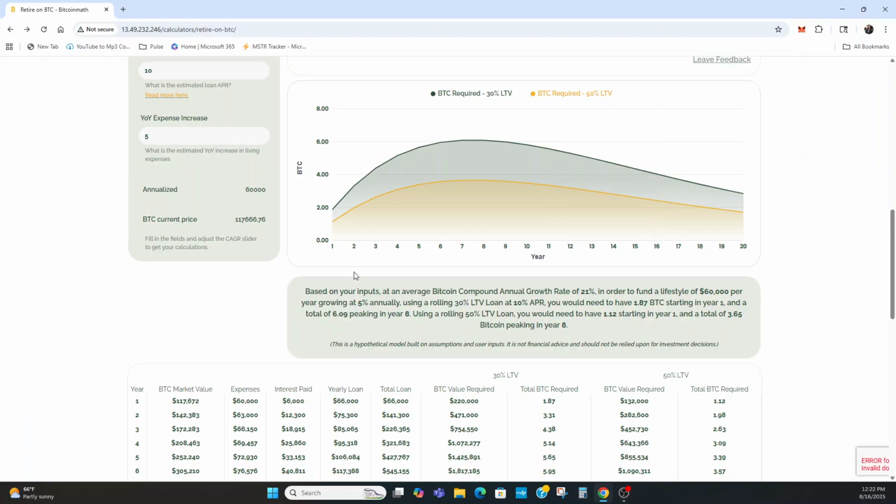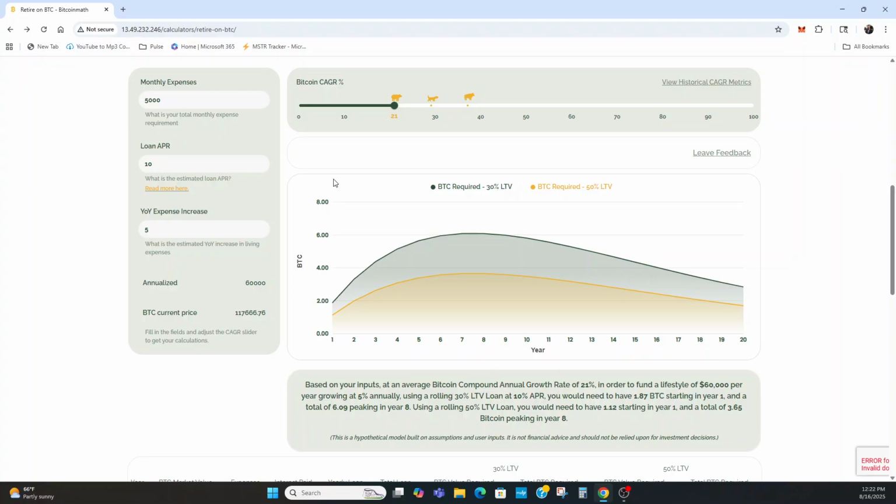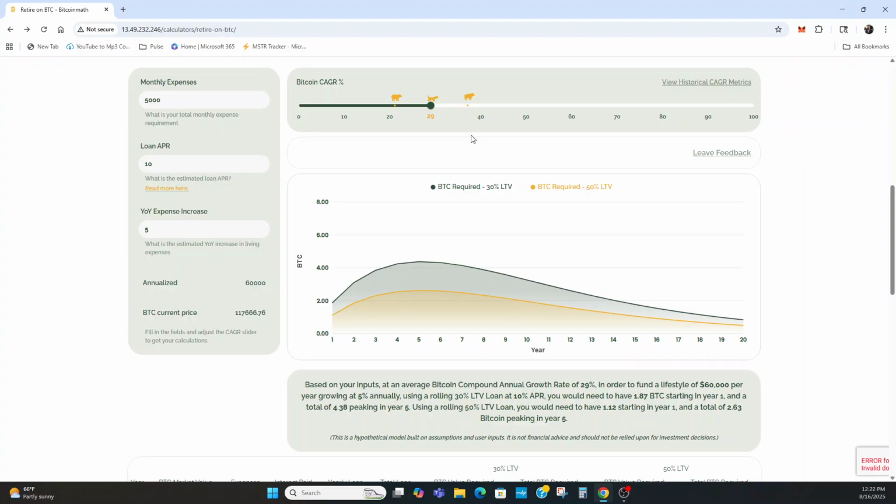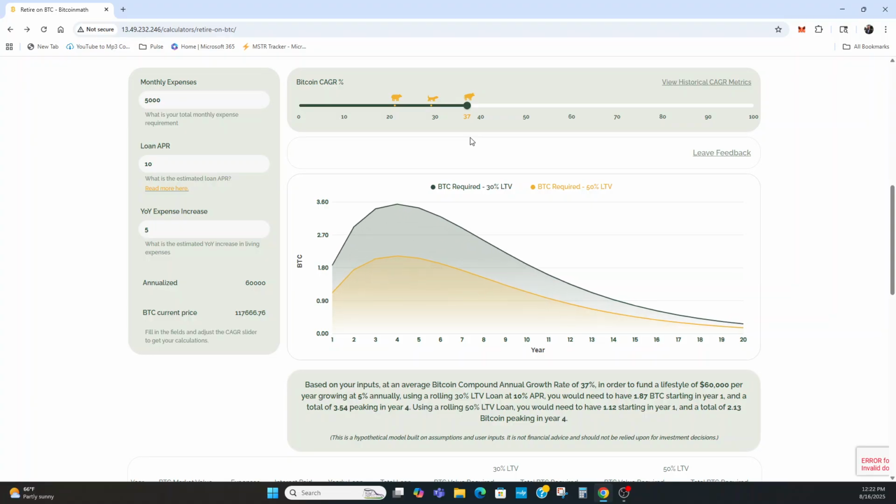Okay? Now, if you really want to see this curve get steeper and draw down quickly, well, what happens if my Bitcoin's appreciating much faster than 21%? What if over the next 20 years Bitcoin appreciated at Saylor's base case, 29%? Right? All of a sudden that curve comes down and it drops more aggressively. Well, what if we hit his bull case? Same thing, right?